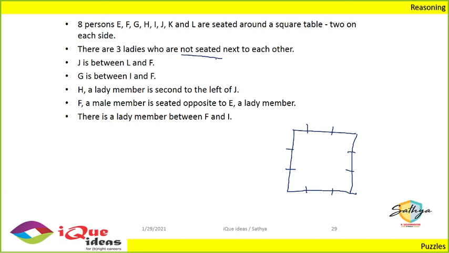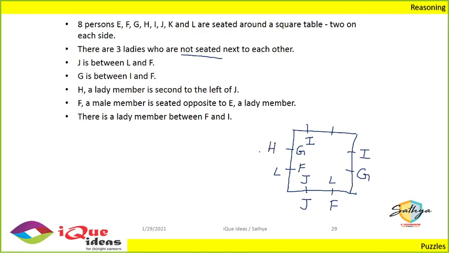Now we start. J is between L and F. So either I put J between L and F like this. Alternatively, J is between L and F like this. G is between I and F. So G is between I and F, or G is between I and F. Now, H, a lady member, is second to the left of J. J first, second.